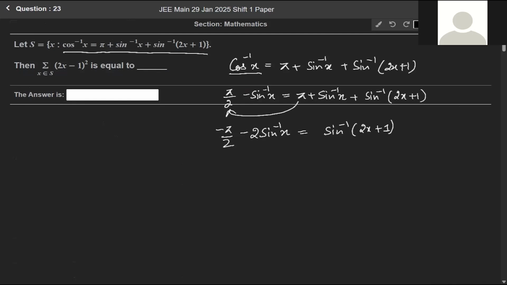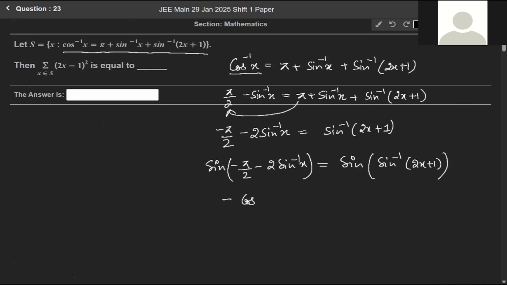Now, taking sine on both sides, sine of minus pi by 2 minus 2 sine inverse x will become minus cos 2 sine inverse x, and this will eventually become 2x plus 1.